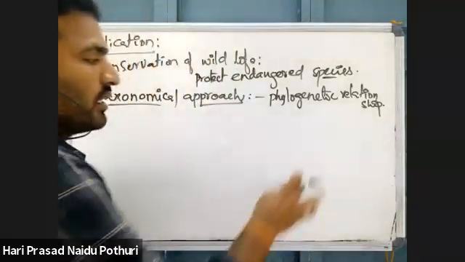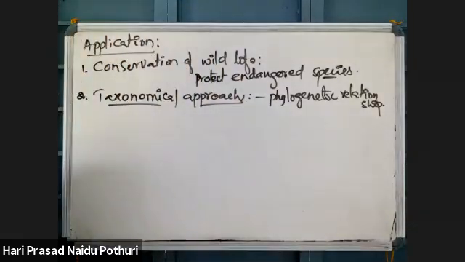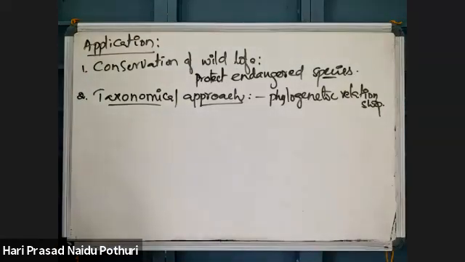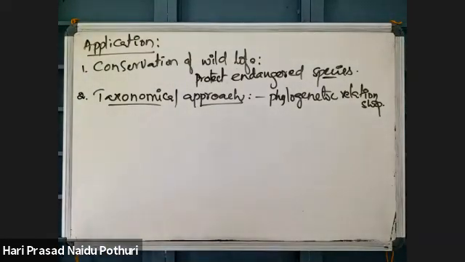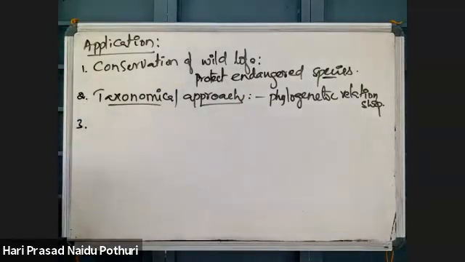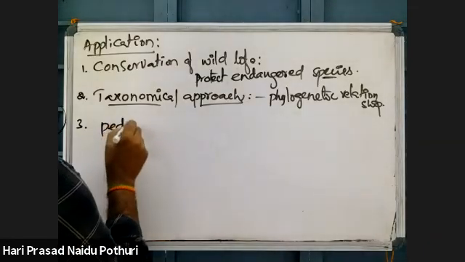What is a phylogenetic relationship? From one generation to next generation. That is phylogeny. That phylogenetic relationship can be used for taxonomy or classification also. Then pedigree analysis.